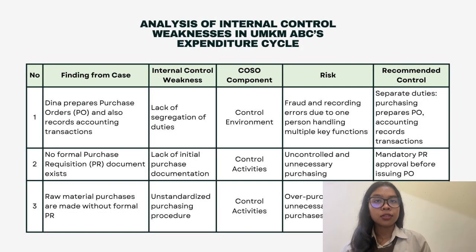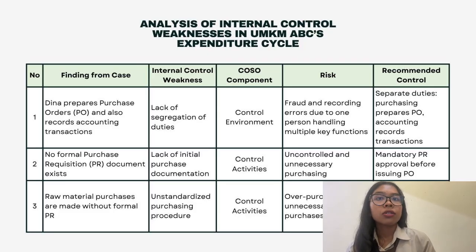Okay, and the next is the explanation about the analysis of internal control weaknesses in UMKM ABC's expenditure cycle. The first finding from the case is that Diana prepares purchase orders and also records accounting transactions.